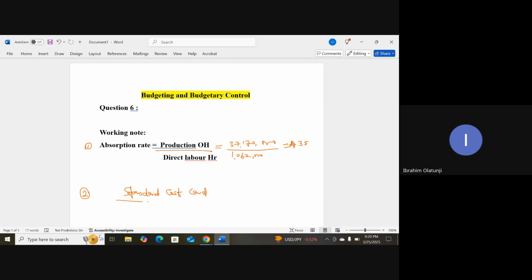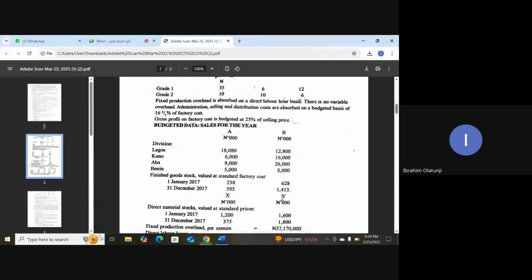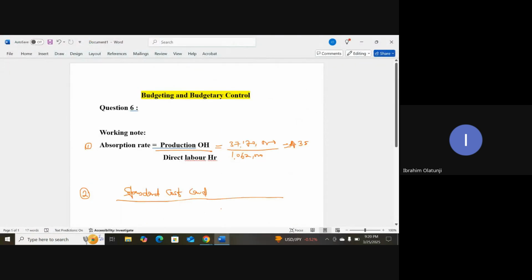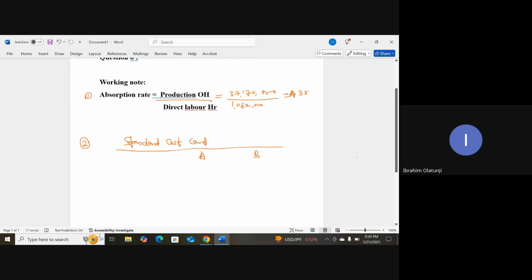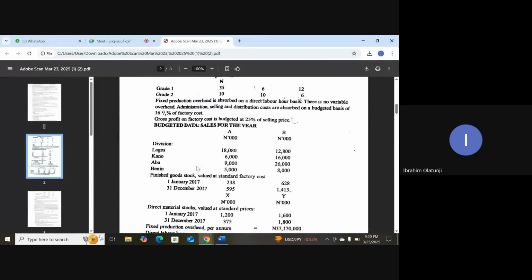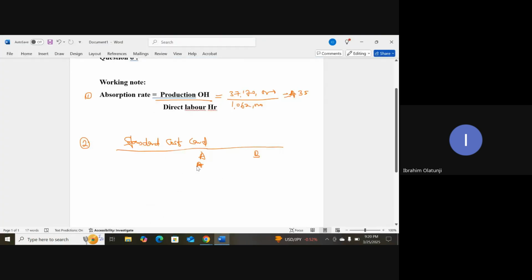From this standard cost card, we have 2 products, product A and product B. Let's quote it in naira.